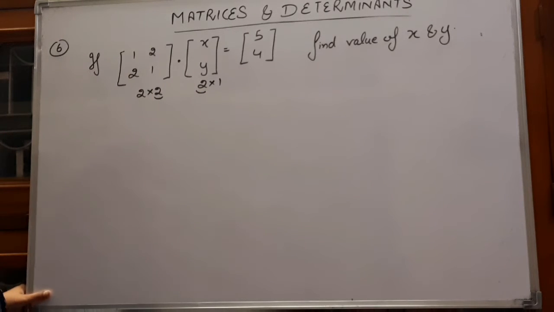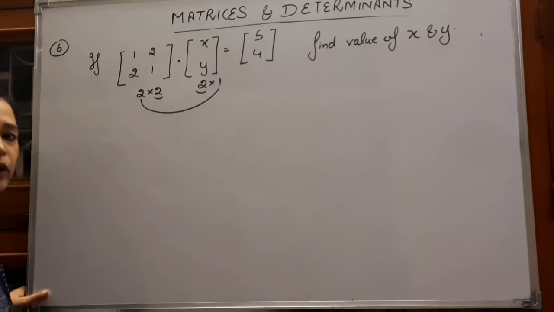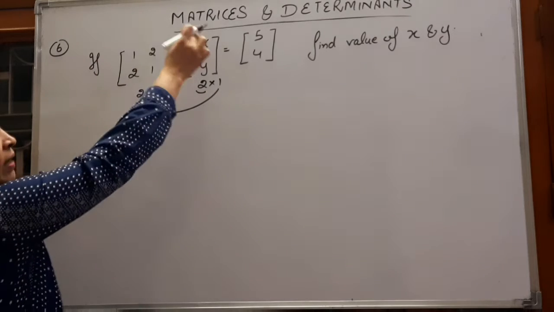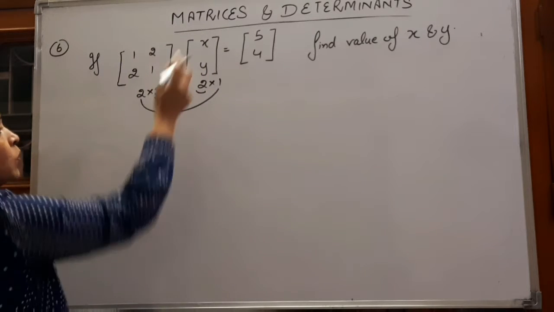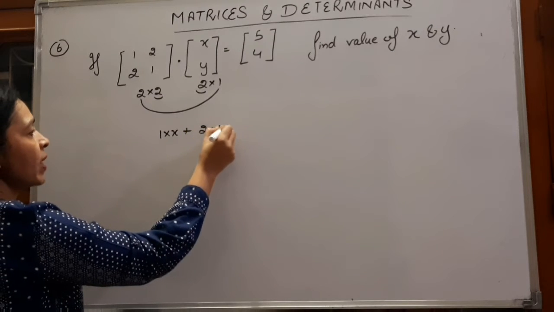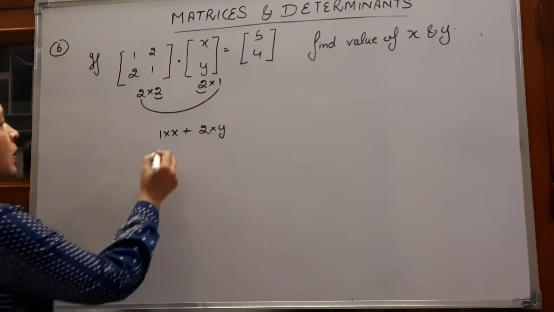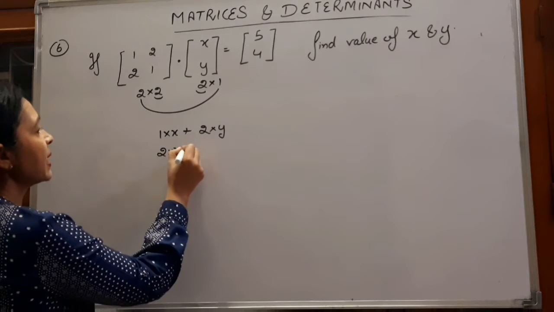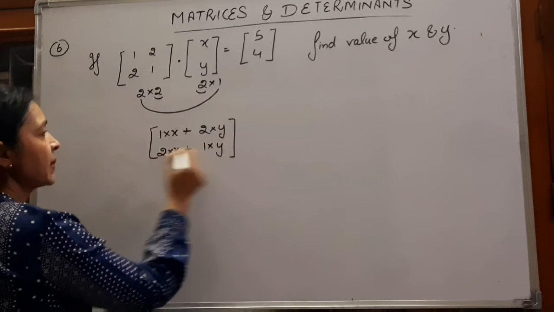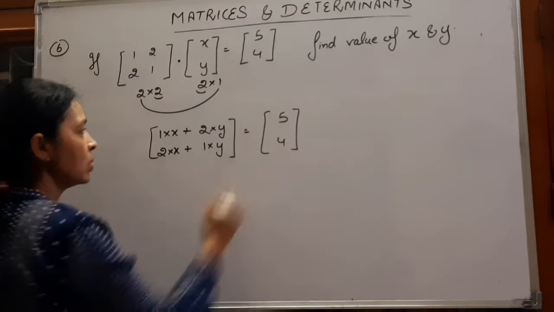In this case, multiplication is defined. The number of elements that we will get will be 2 into 1, 2. Now, multiply row 1 with column 1, 1 into X plus 2 into Y. Here, second row, first column, 2 into X plus 1 into Y. This is equal to 5 and 4.